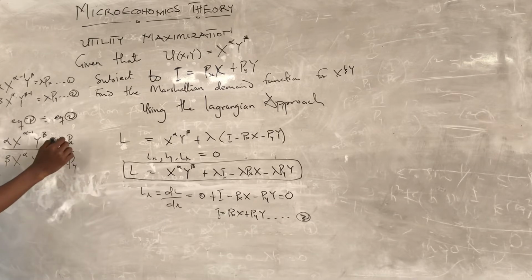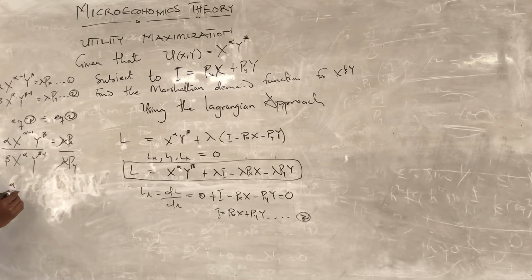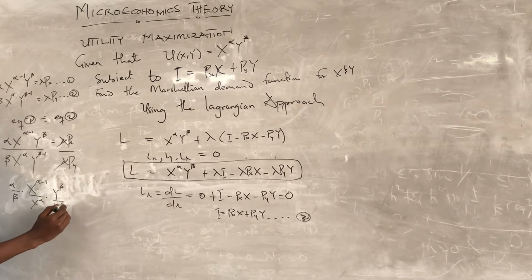This lambda will cancel this lambda, just as we did in the MRS class. We will split this, write it this way, so that we can simply apply our indices.